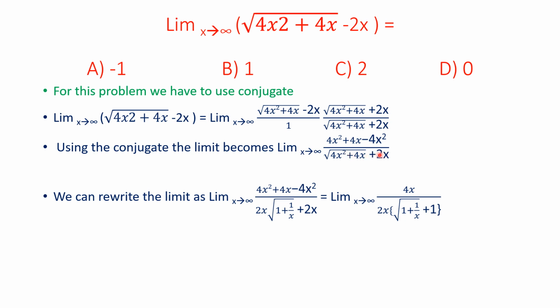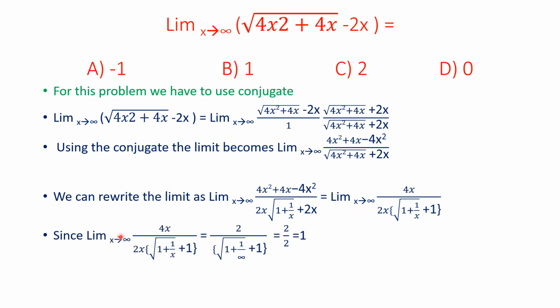So we can see that we have cancellation on the numerator. So 4x squared cancel each other. So we'll end up with 4x on the top. And on the bottom we have 2x. So we can get rid of the x's, the one in the top and the one in the bottom, they can cancel each other.